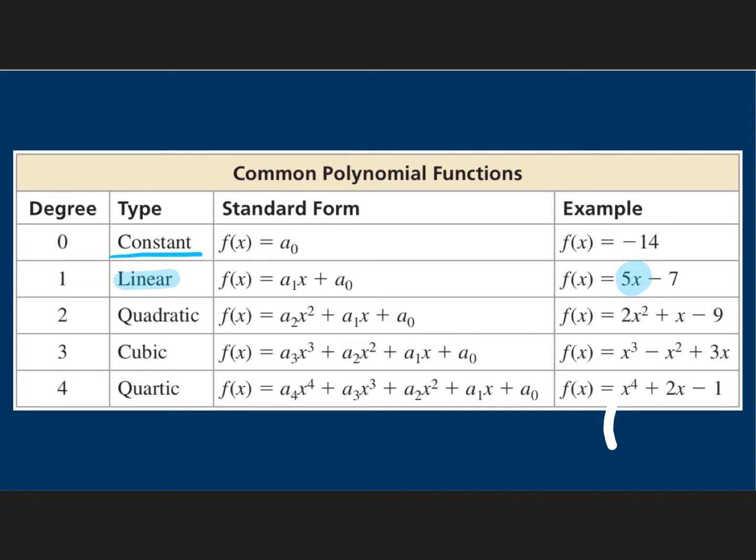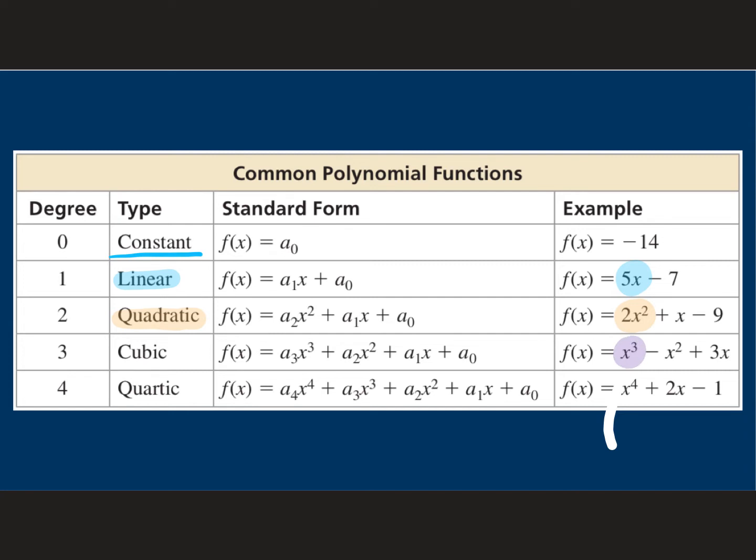If our highest degree is x squared, then that would be quadratic. Quadratics is what we've been dealing with in chapter 3, where we graph parabolas, had to factor, stuff like that. So we've been dealing with x squareds, which are quadratics.